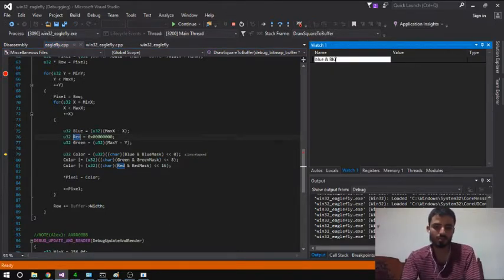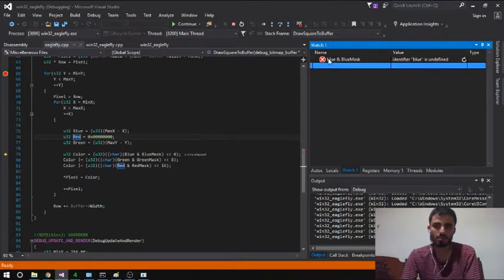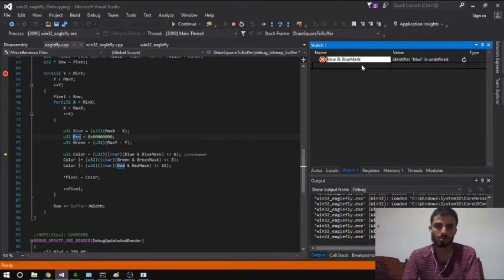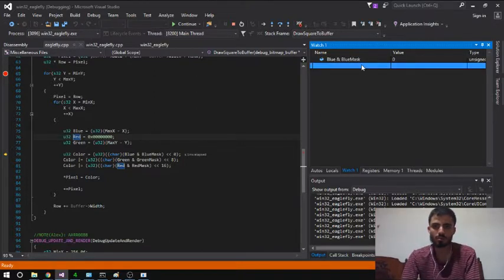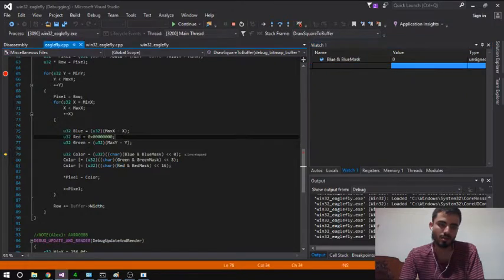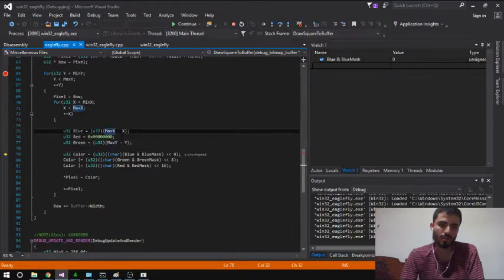Yeah, the blue and blue mask is 0. So the first bit is going to be 0 because we happen to have a value that's 0.